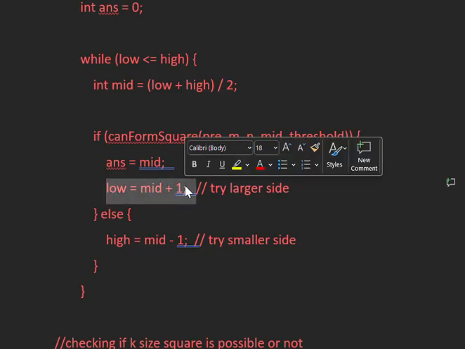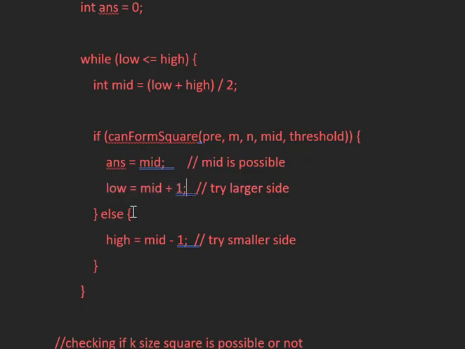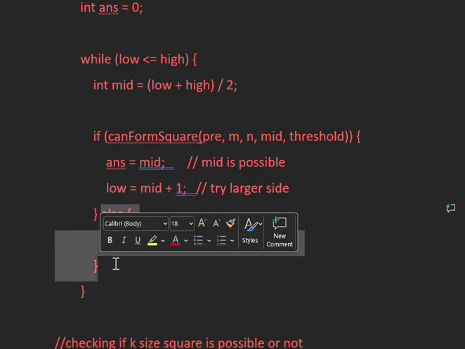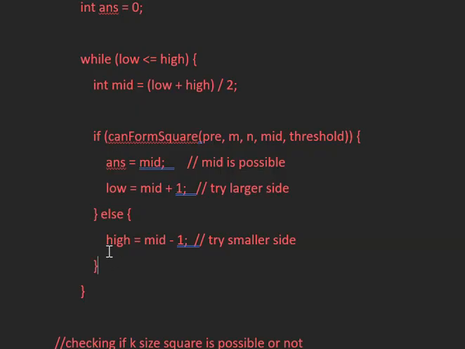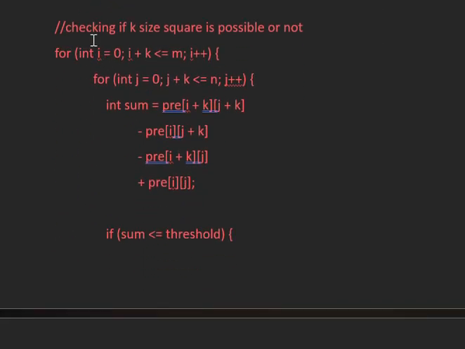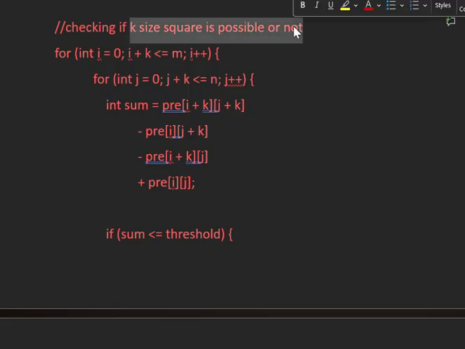If mid is possible, then since we want the maximum answer, we will check for higher values, so we will check for mid plus 1. And if at mid we don't get a square of side k, then we have to check in the smaller values, so we will shift the high pointer. And how do we check if a k size square is possible or not?